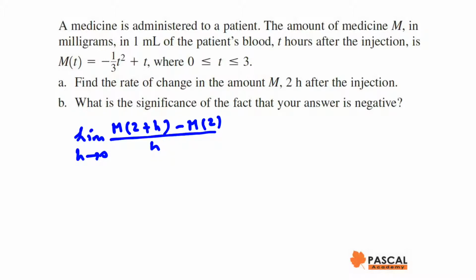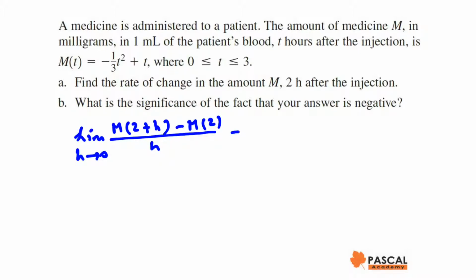M(2+h) is -1/3 times (2+h)^2 plus (2+h). And M(2) is -1/3 times 4 plus 2.